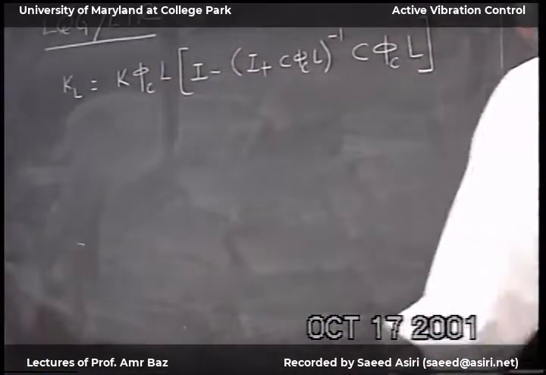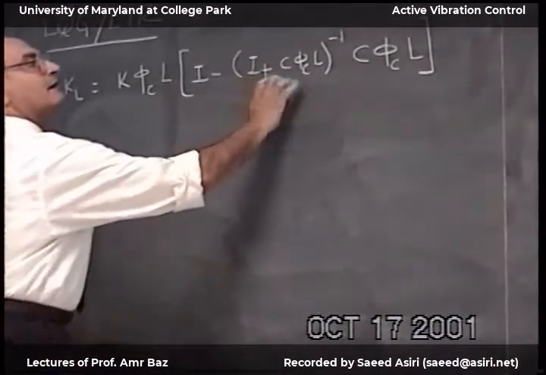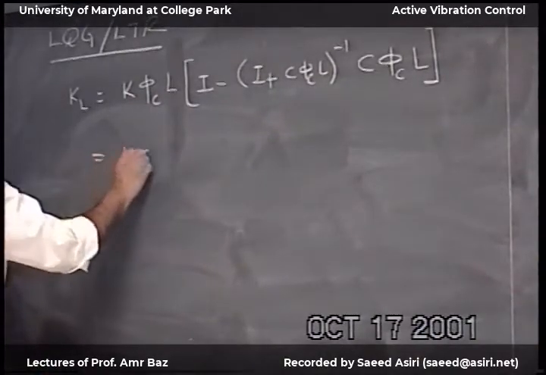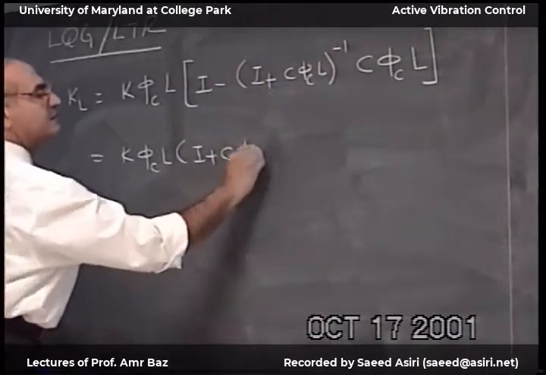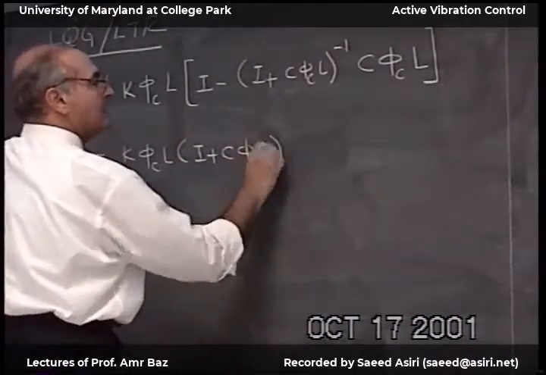Now from here, I'll get this out. And this will equal to K phi C and L, I plus C phi C L inverse.